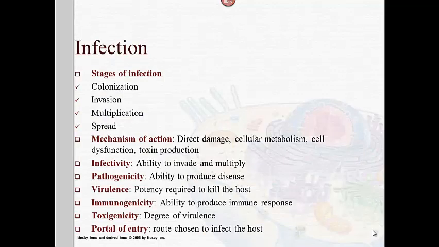So infection goes through different stages. There's a stage of colonization, where you have an infectious microorganism that exists in any reservoir, for example, water, animals, or humans.